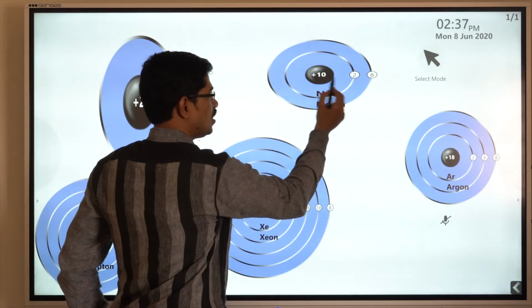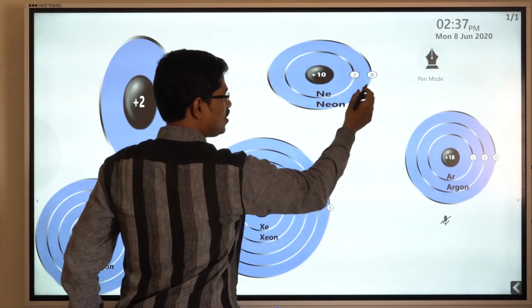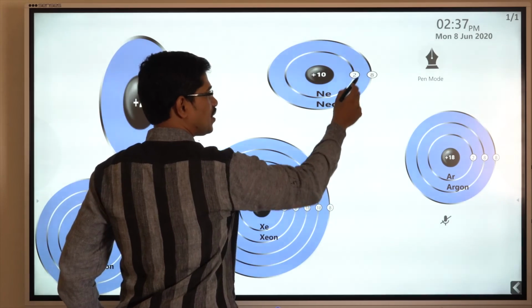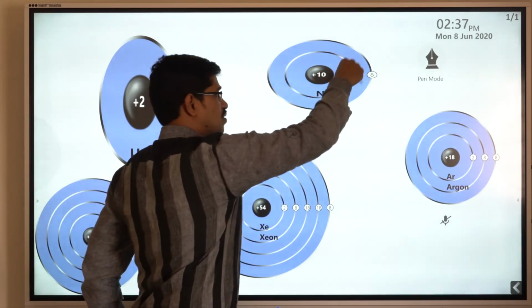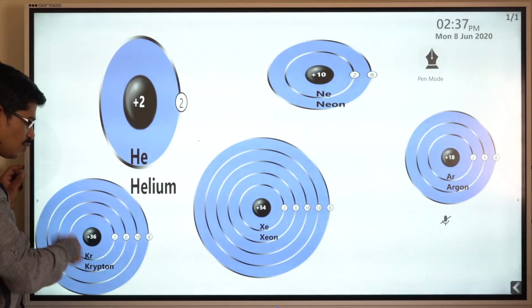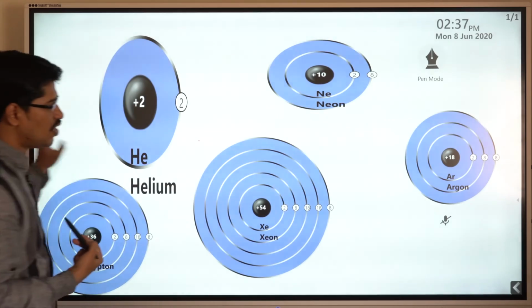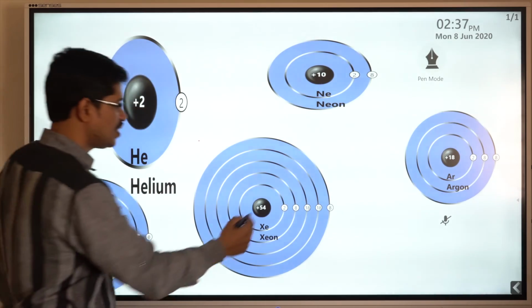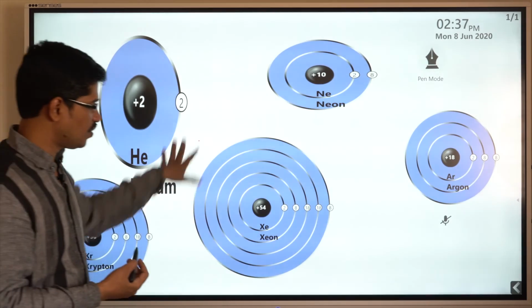Neon has K shell and L shell: the K shell has 2 electrons, and the L shell has 8 electrons. 8 electrons in the outermost shell is called stable electronic configuration. Similarly, krypton, xenon and argon have 8 electrons in the outermost shell. This is the electronic configuration representation of shells: first shell K, then L, M, N. You can see the outermost.